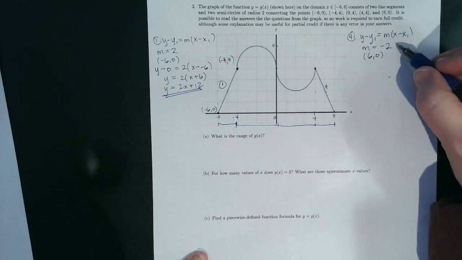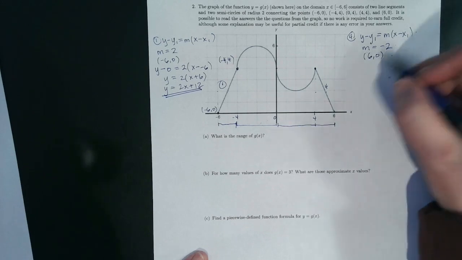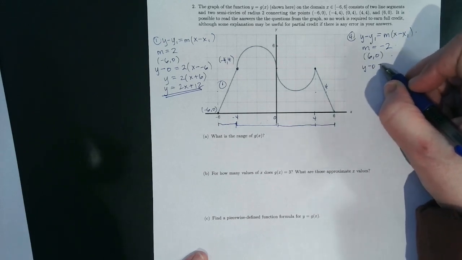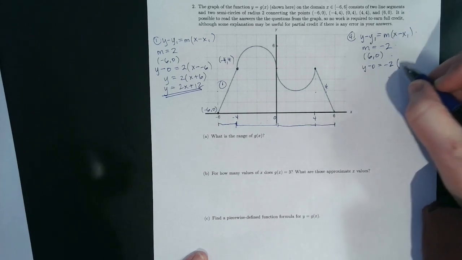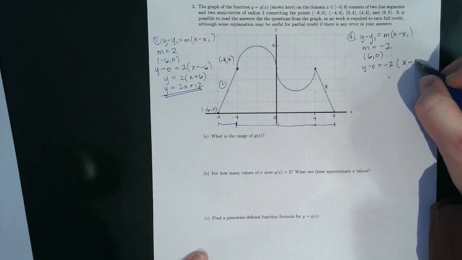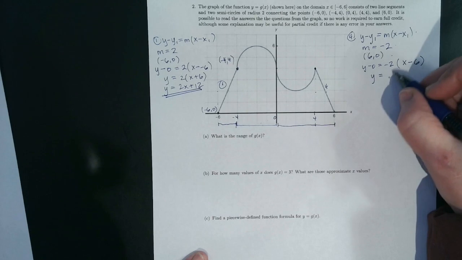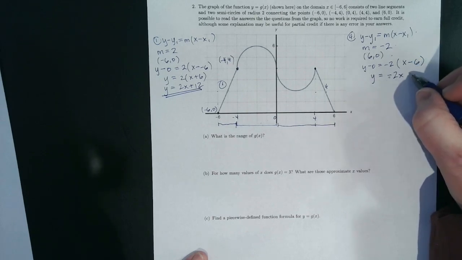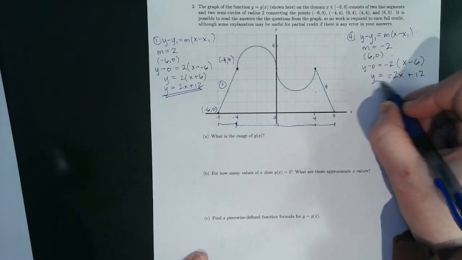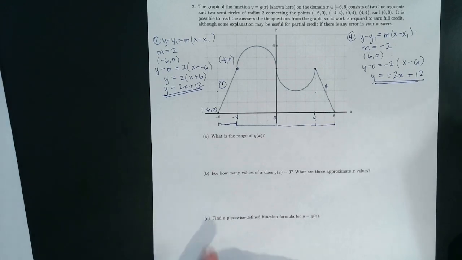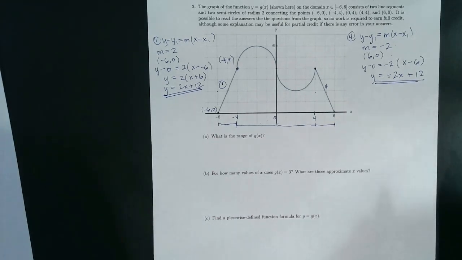So plugging these 2 pieces of information into our general form, we'll have y minus 0 equals -2 times x minus 6. That simplifies to y equals -2x plus 12. So that would be our second equation for a line.